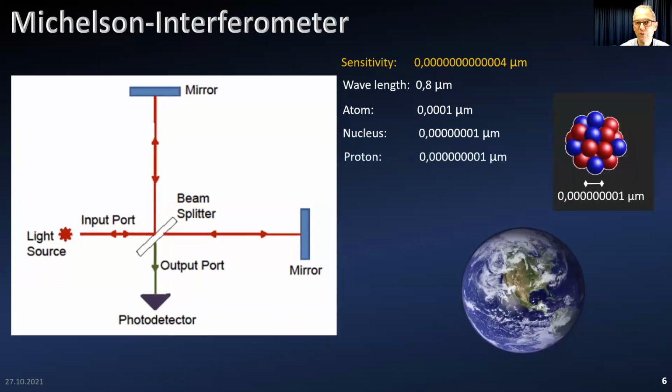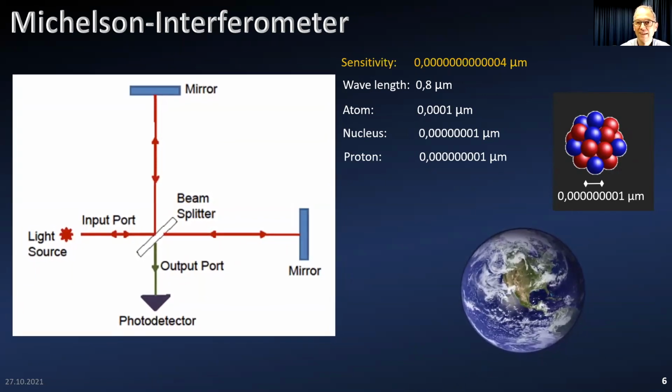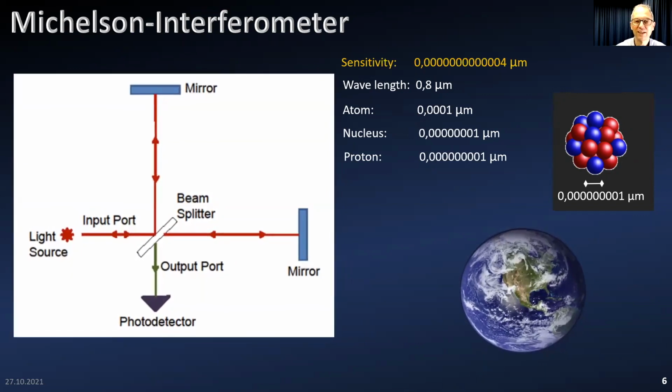And this is the size of a proton, another factor of 10 smaller. And you can see the sensitivity is still better than the size of a proton. And I guess the reason why you are here today is because you might want to join us in developing the technology that is behind this, the technology that enables us to measure such tiny little length changes.